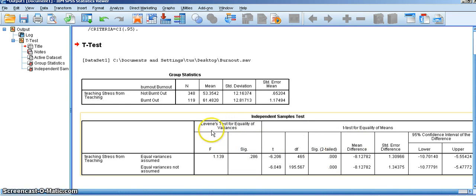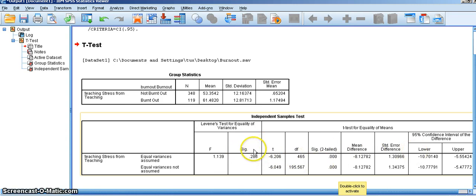The first one is the Levene's test that actually tells us which of these two we're gonna look at. So if this value here is significant, or it's less than 0.05, then we have to look at the bottom line or the bottom row. If this one is greater than 0.05, then we stay and look across the first row.